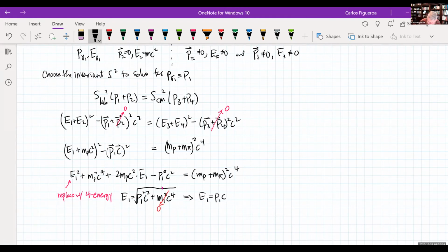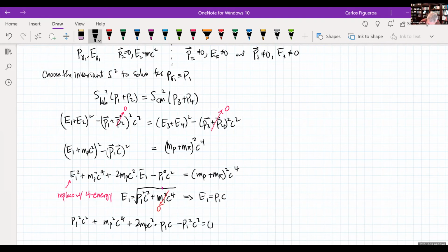So if I look at these, look what I'm going to write then. I'm going to rewrite this, then this is going to give me P1 squared C squared, then I'm going to get MP squared C to the fourth plus 2MP C times P1C minus P1 squared C squared.